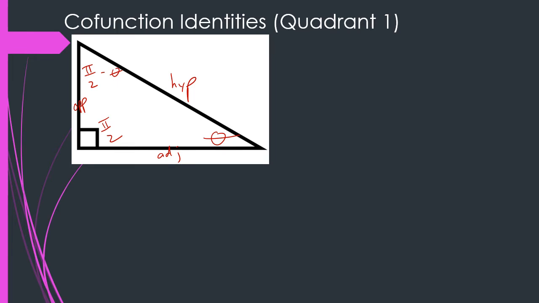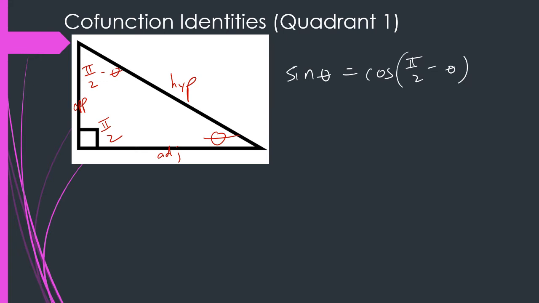So let's start with sine theta. Sine theta, opposite over hypotenuse, right? That would be the exact same thing as adjacent over hypotenuse, but from the perspective of pi over 2 minus theta. So sine theta equals the exact same thing as cos pi over 2 minus theta.